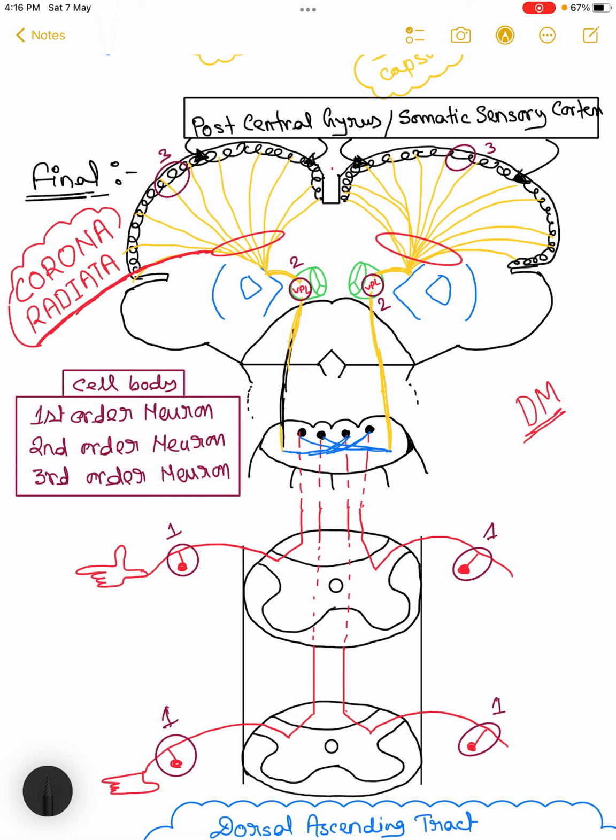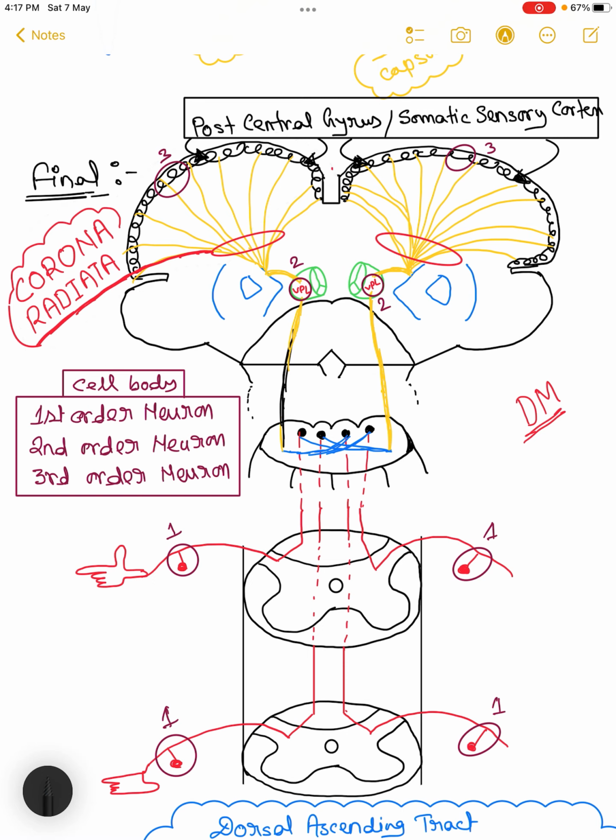So it will definitely end up where? Some cortex, which is responsible to recognize our sensory information. So that region is known as our post-central gyrus, also known as somatic sensory cortex, right? And if you see this fanned out like structure, it has a special name, and this name is here corona radiata.